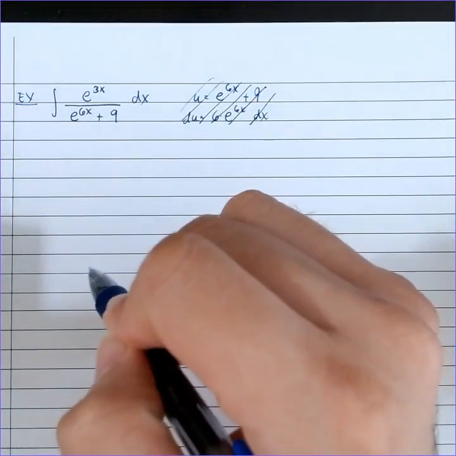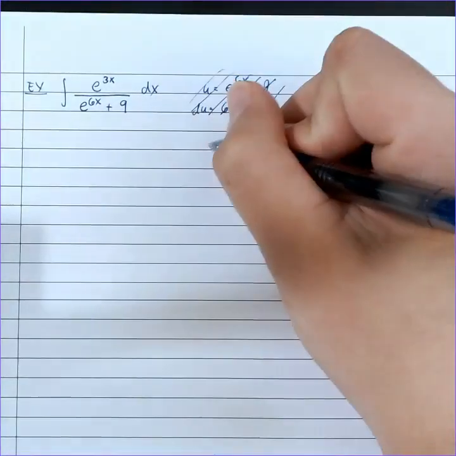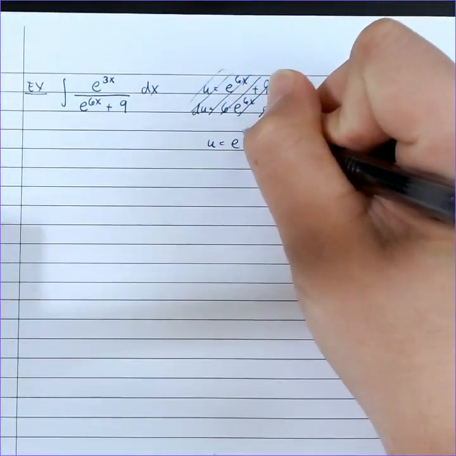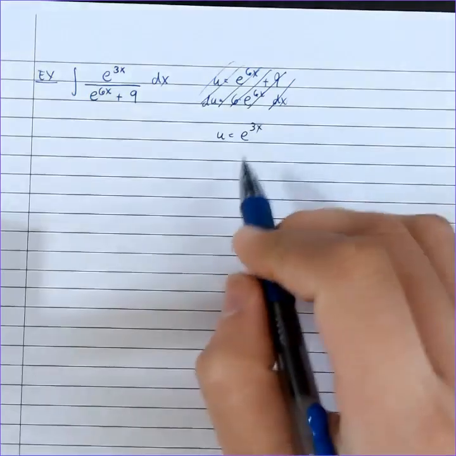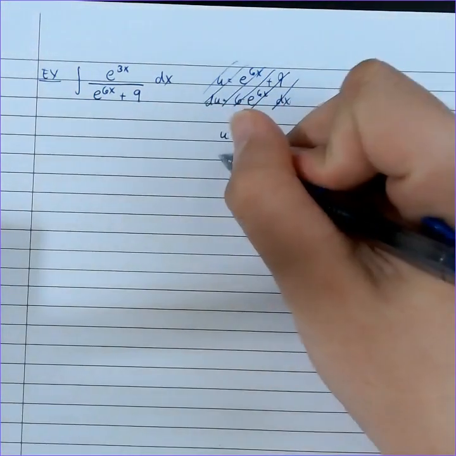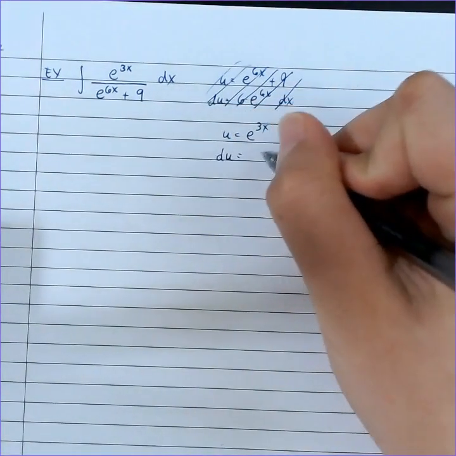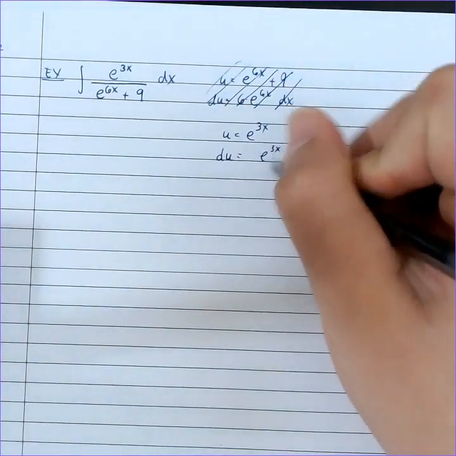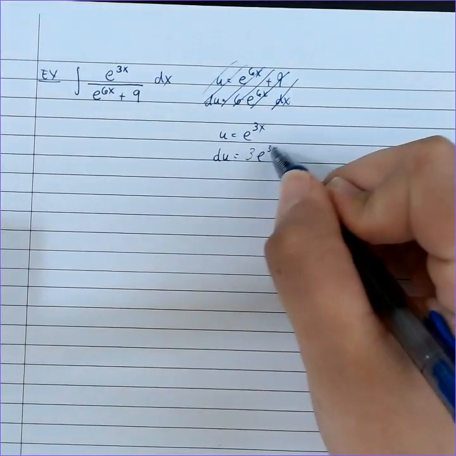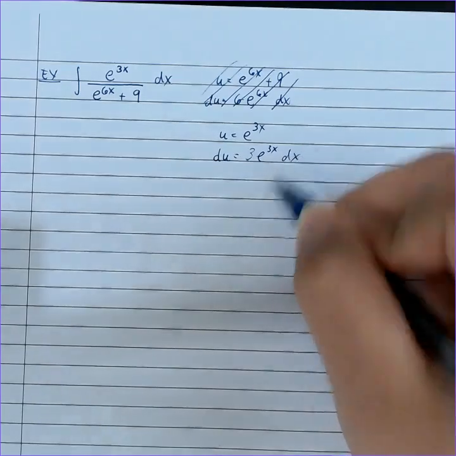Let's try e to the 3x. Again, there's no guarantee that's going to work, but it's worth a try. So with e to the 3x, du is going to be e to the 3x again, but now we have a times 3 because of the chain rule, dx.